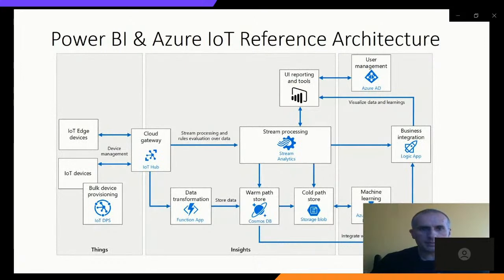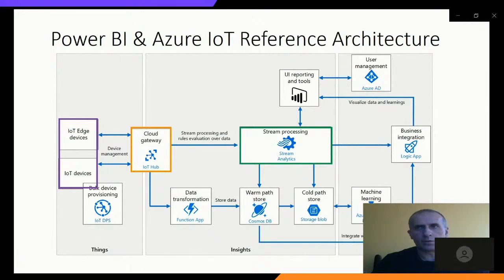You can see the Azure IoT reference architecture. You can see that we have different main components. From one side, we have IoT devices and edge devices. We have additionally the Cloud Gateway, which is the main service connecting devices and backend services. We have stream processing, where we can use Azure Stream Analytics or other open source solutions for real-time and close to real-time data processing.